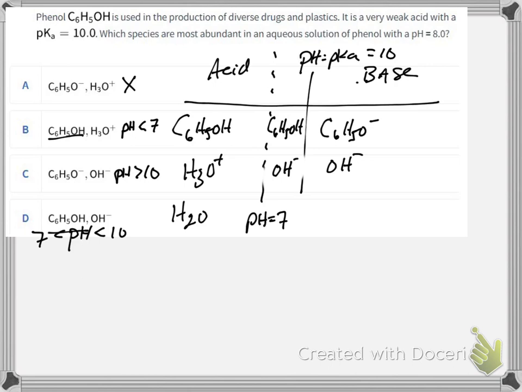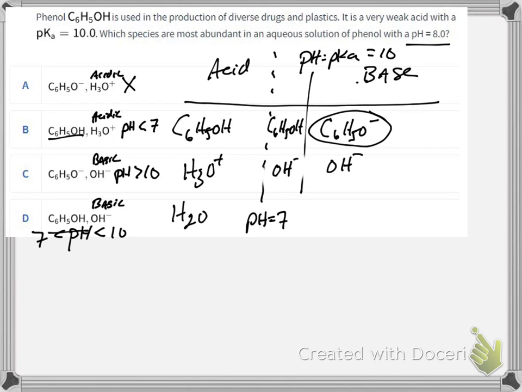So if we look at answer A, it is never possible. We never can have the negative charge in an acidic solution, right? So this is acidic, basic, right? So that's what it's saying by the pH. pH equals 8 is telling us, are we acidic or are we basic?